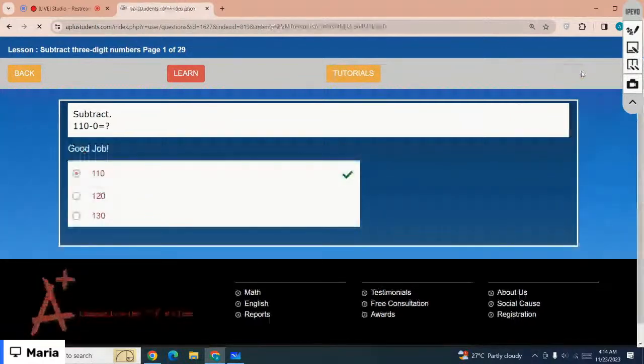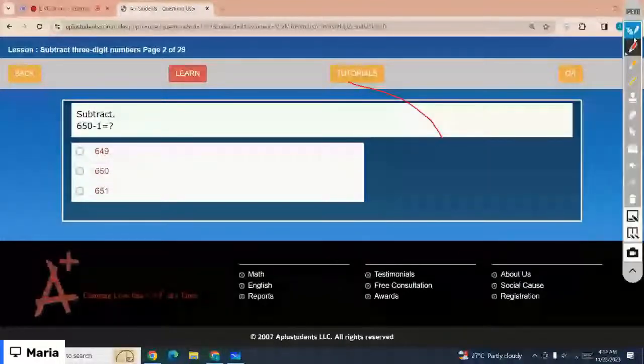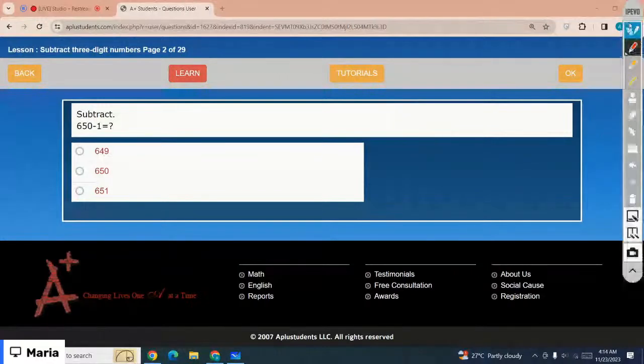Okay, the next one is 650 minus 1. So, which is the correct option? 650 minus 1, right? You cannot subtract 1 out of 0. So you need to borrow 1.